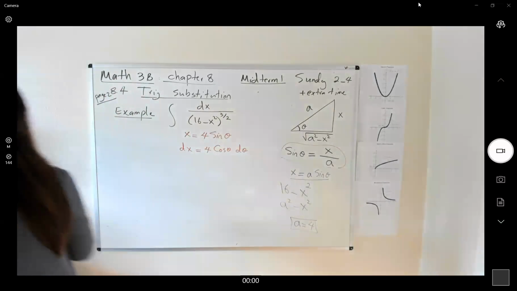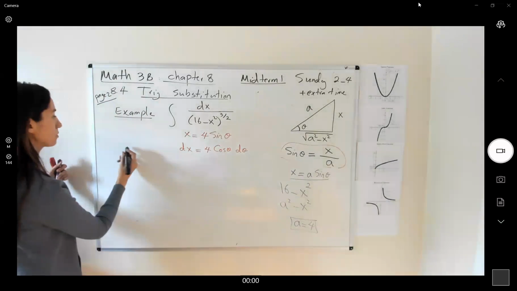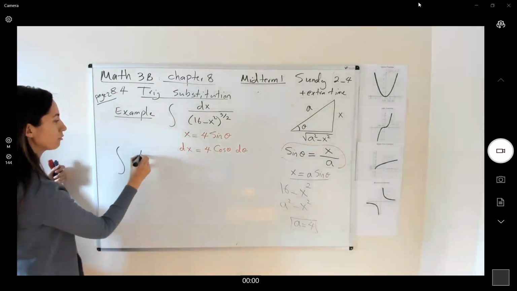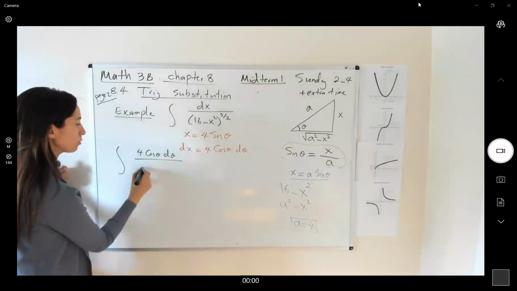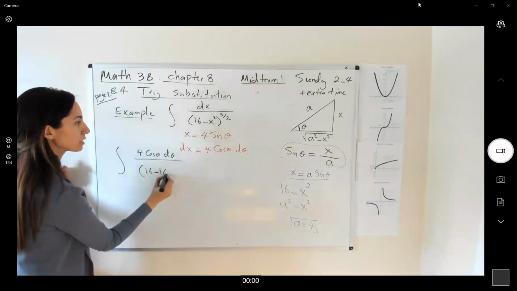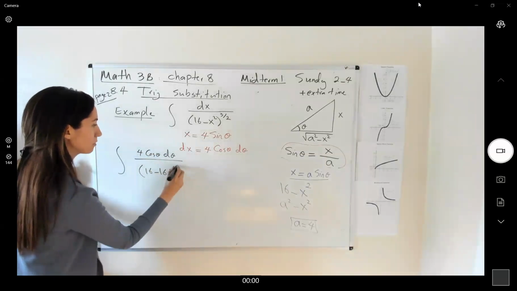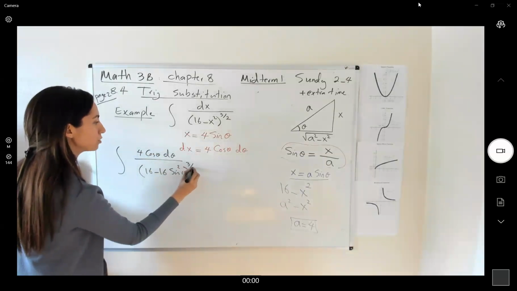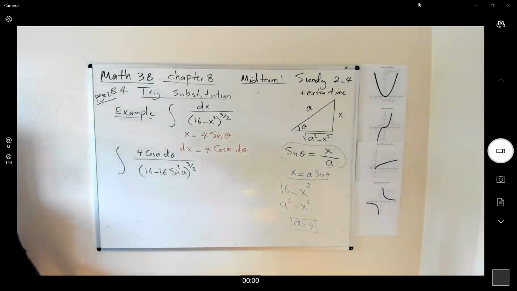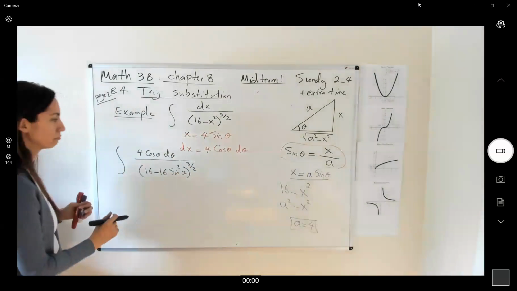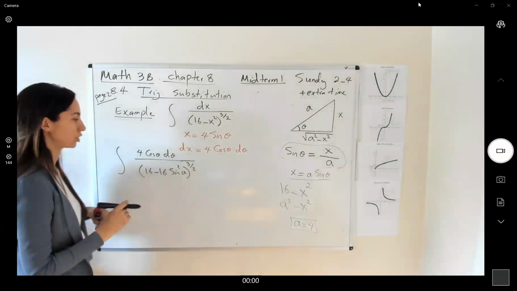Very well. So we can rewrite this integral as the integral of 4 cosine theta d theta divided by 16 minus 16 sine squared theta raised to 3 halves. Very good. So let us simplify this guy and then try to take the integral.